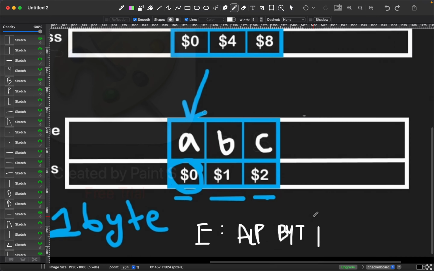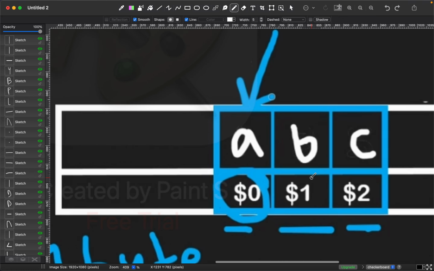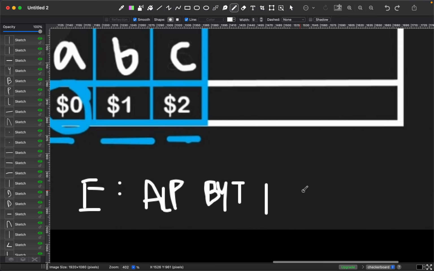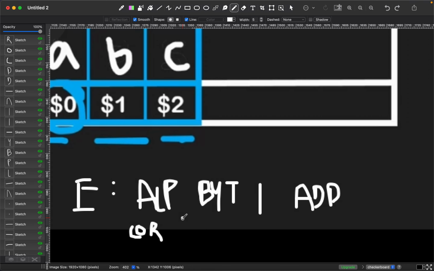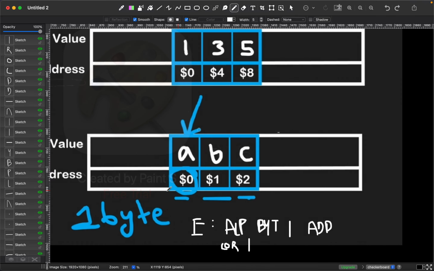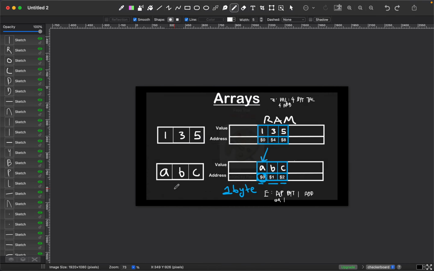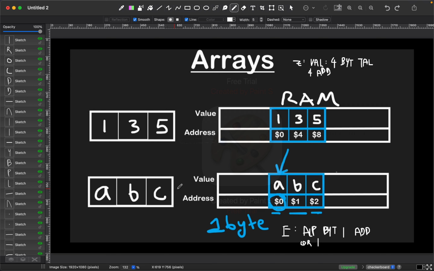So the address will correspond accordingly, so it will end up being 1 as well, so it corresponds with the 1.